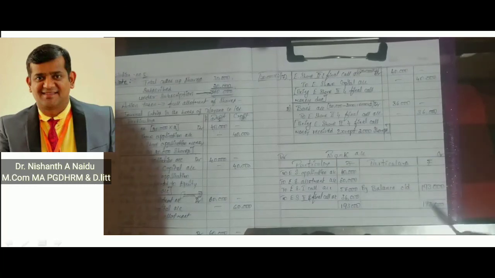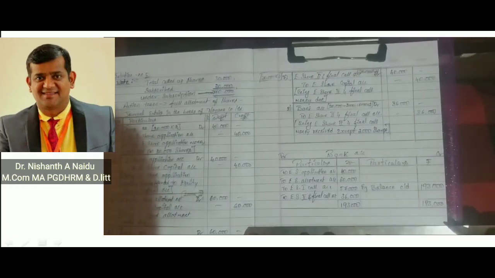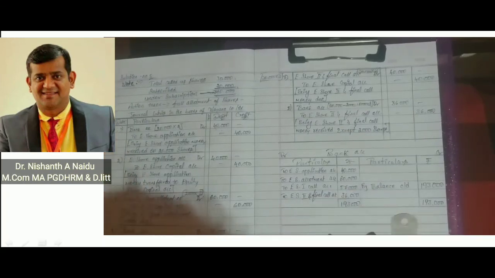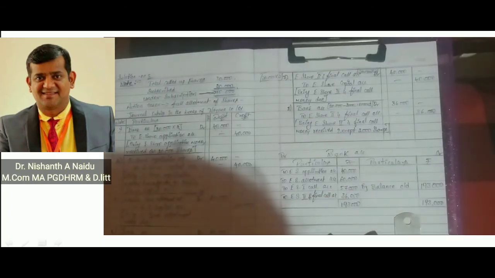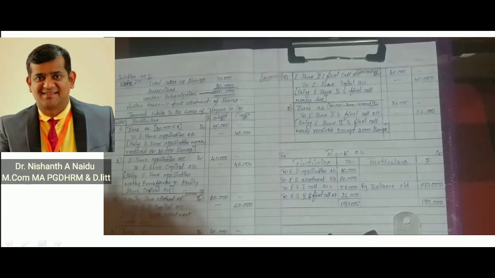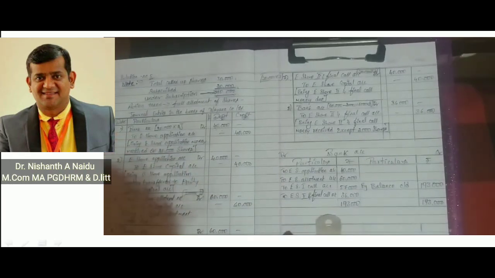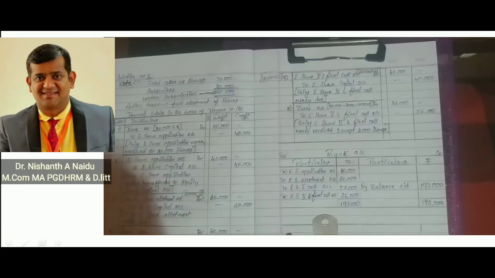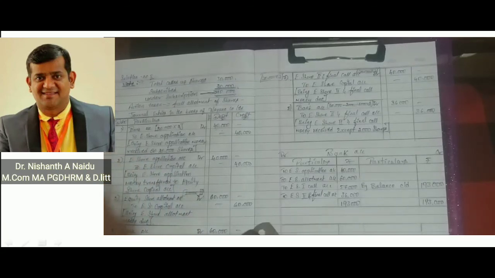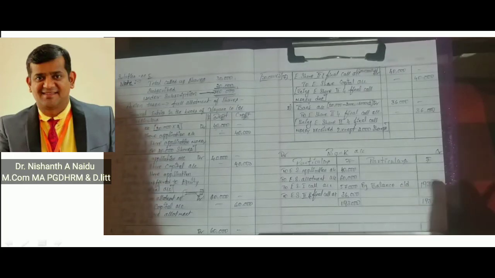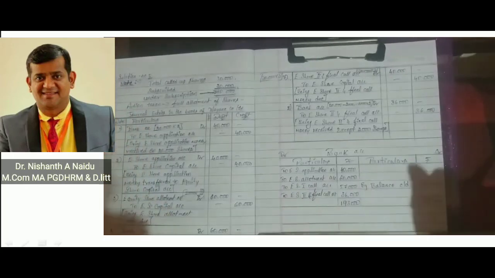So now let us prepare the balance sheet. You have to understand this a bit deeper, and as I said, it is one more step advanced than the basic problems you have learned so far.